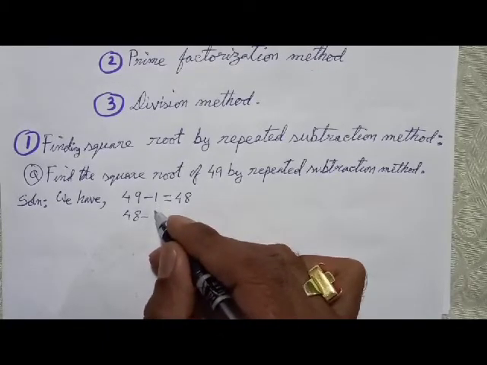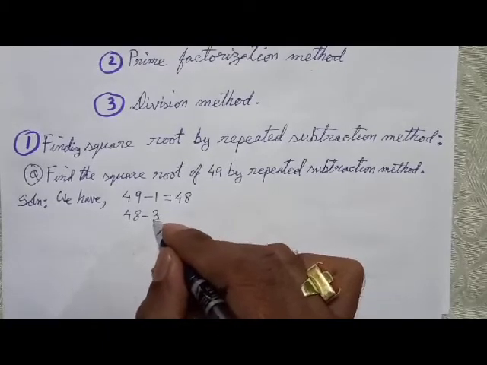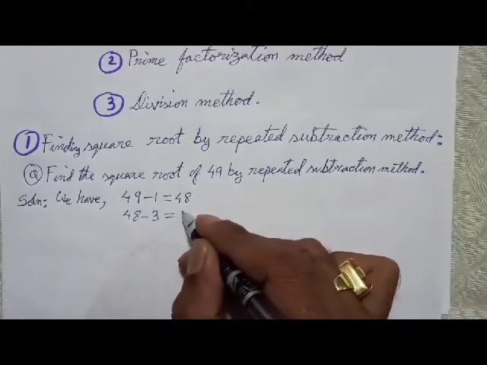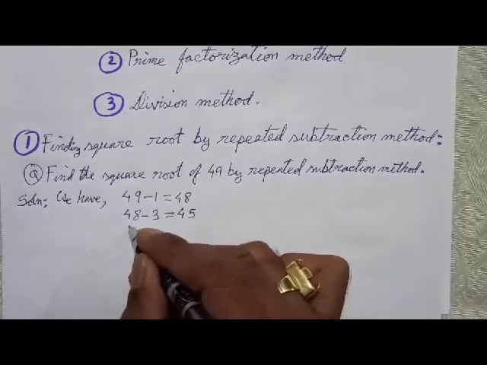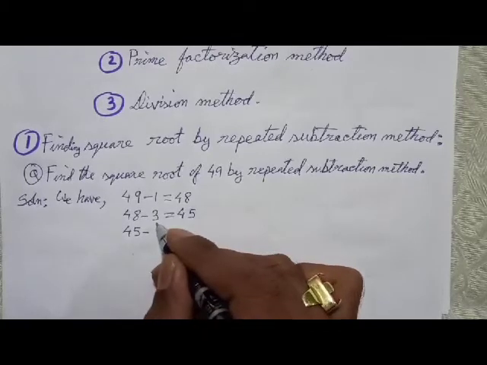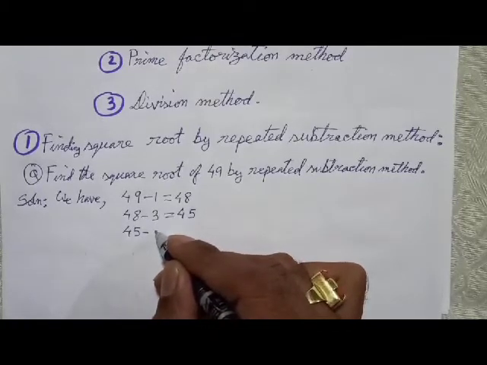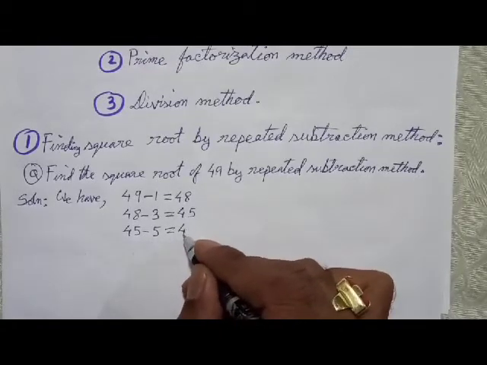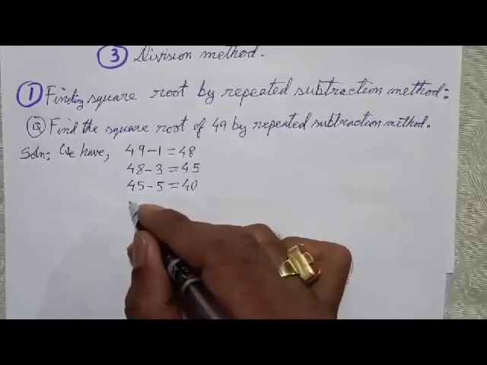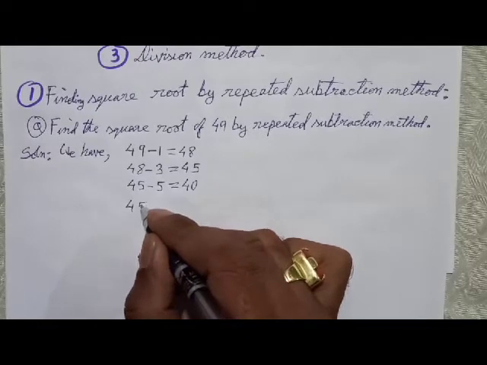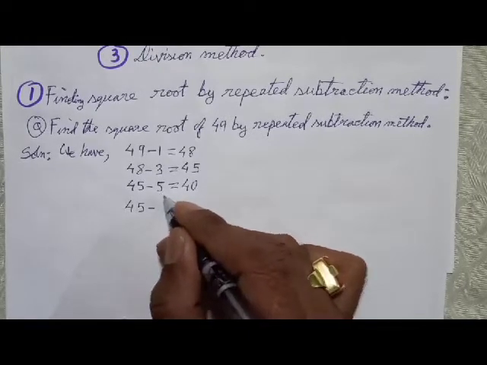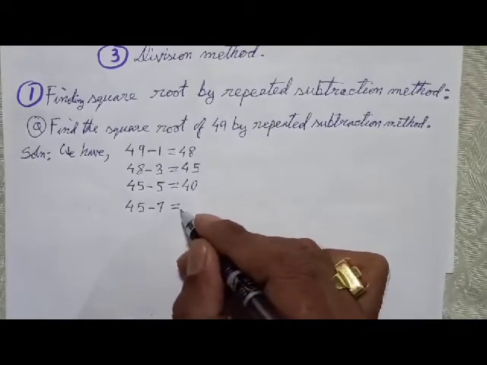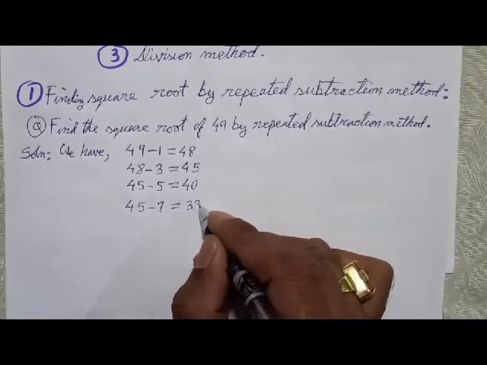After 1, the next odd number is 3. 48 minus 3 is 45. 45 minus, after 3, next odd number is 5. 45 minus 5 is 40. Next is 40 minus, after 5, next odd number is 7. If we subtract, then we are getting 33.